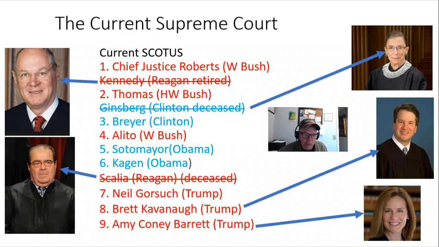So they slow-rolled this to the point they were hoping, and it worked out, that a Republican would win the presidency. That's where Neil Gorsuch comes from. This probably should have been an Obama nomination, and it would have been Merrick Garland, who's now going to become the Attorney General, by the way.